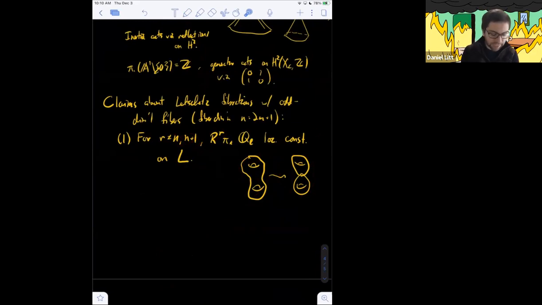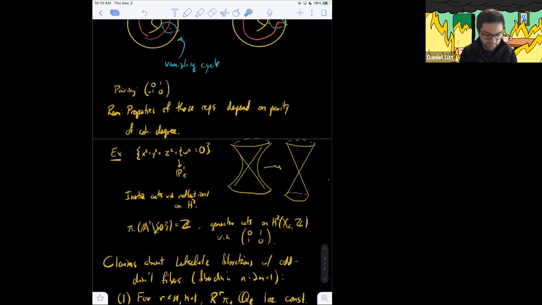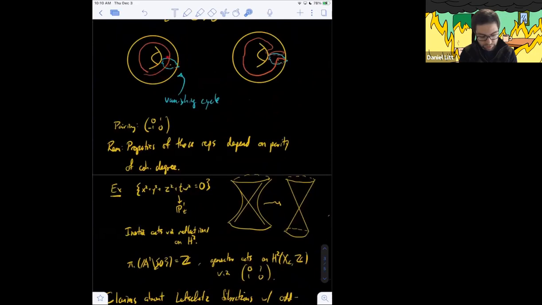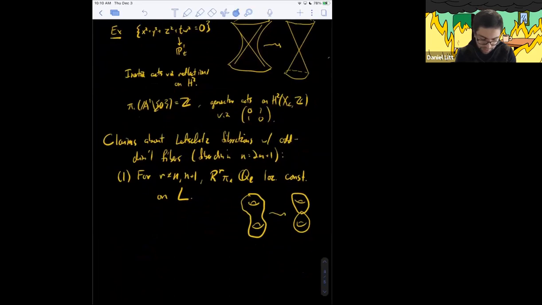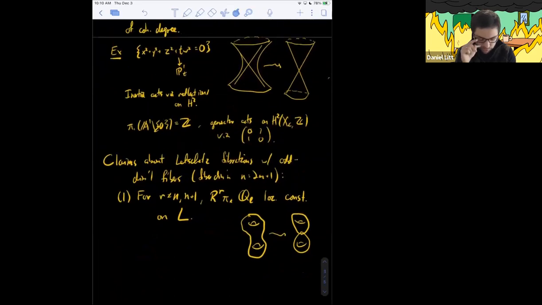Okay, but what is this saying? It's saying that these vanishing cycles, these things that are disappearing in the cohomology, that are making the cohomology change, only show up in middle cohomological degree. And maybe it's worth noting that's topologically not so surprising.